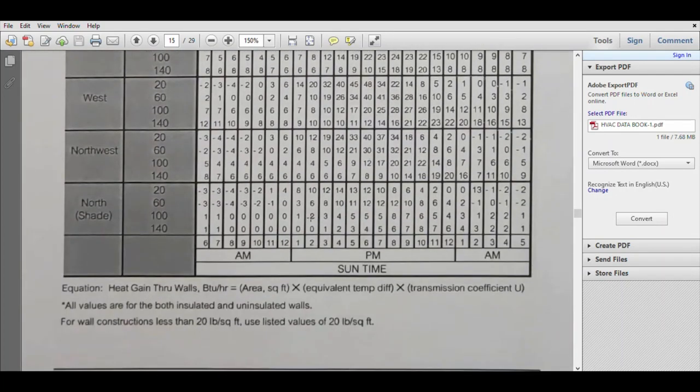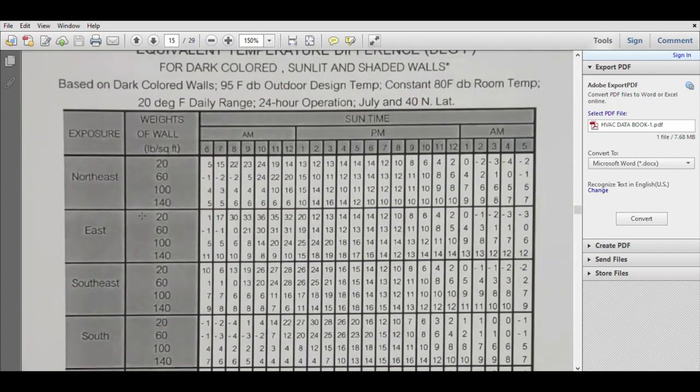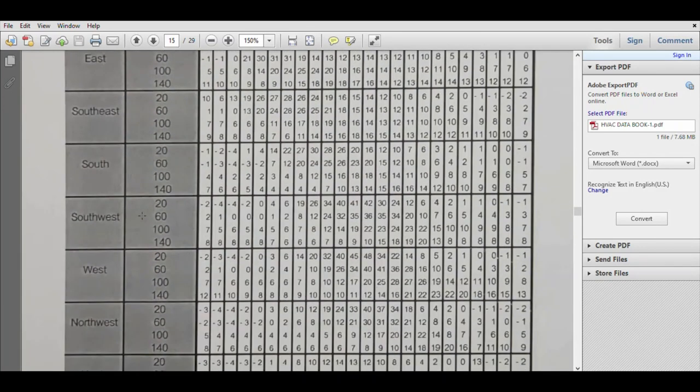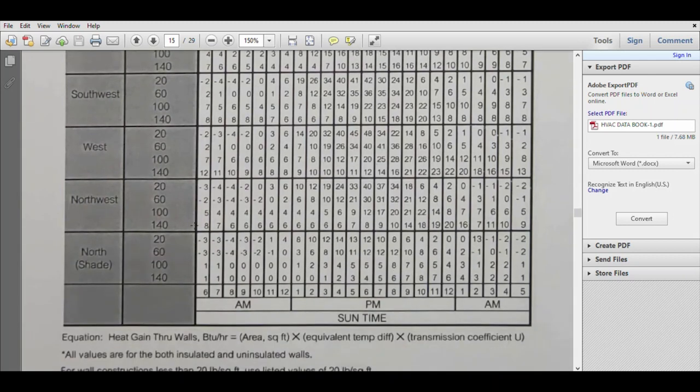Our wall is exposed to north, here north, and the weight of the wall is 80 lb per square feet. But here 80 is not there. So I will take the values for 60 and 100 and divide by two to get the value for 80 lb per square feet.